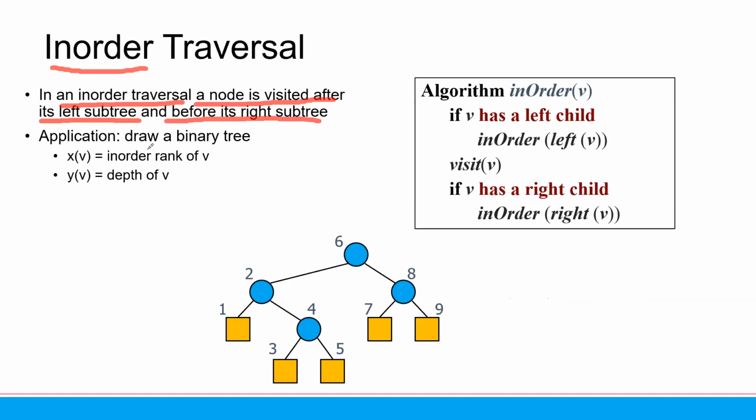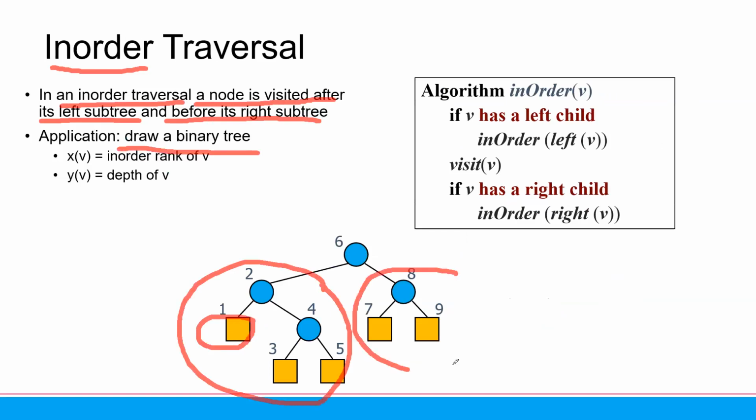We can draw a binary tree like this one. The node is visited after its left subtree. This is the left subtree, this is the right subtree, and this is the left subtree, and this is the right subtree.